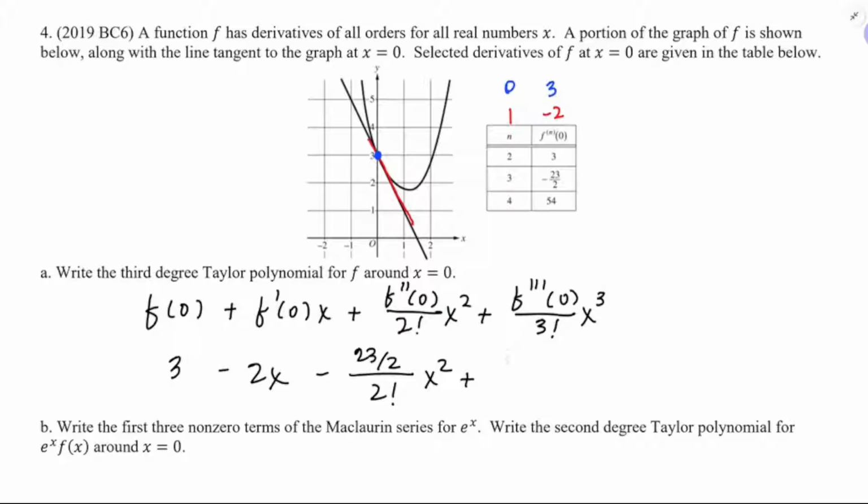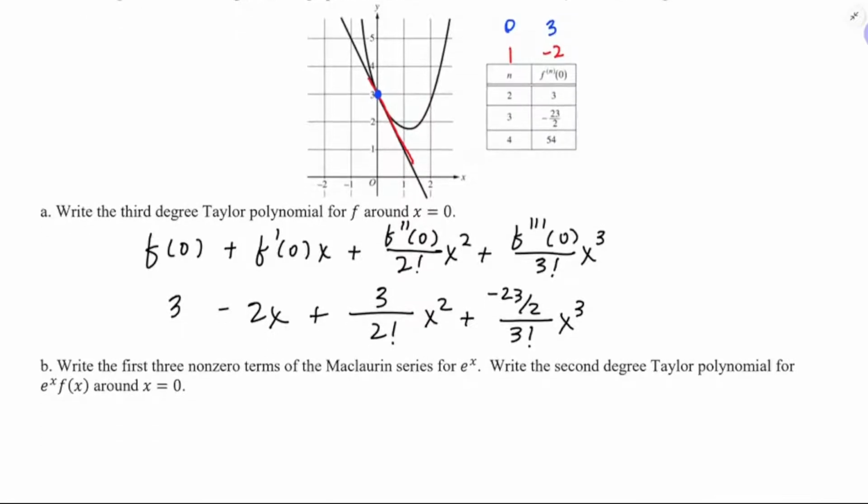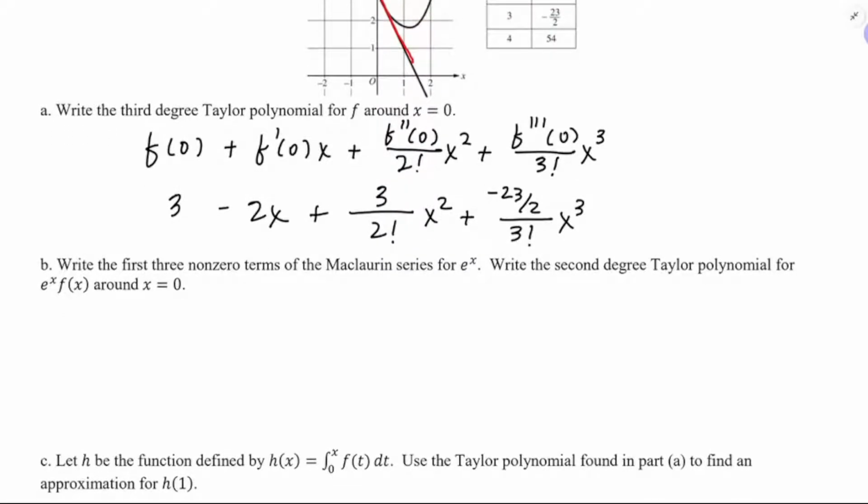Plus f triple prime would be, oh wait, I messed something up. Okay, f triple prime is the one that's negative 23 over 2. F double prime was 3. So then negative 23 over 2 divided by 3 factorial x cubed. All right, there we go. We've written the third degree Taylor polynomial for f around x equals 0.